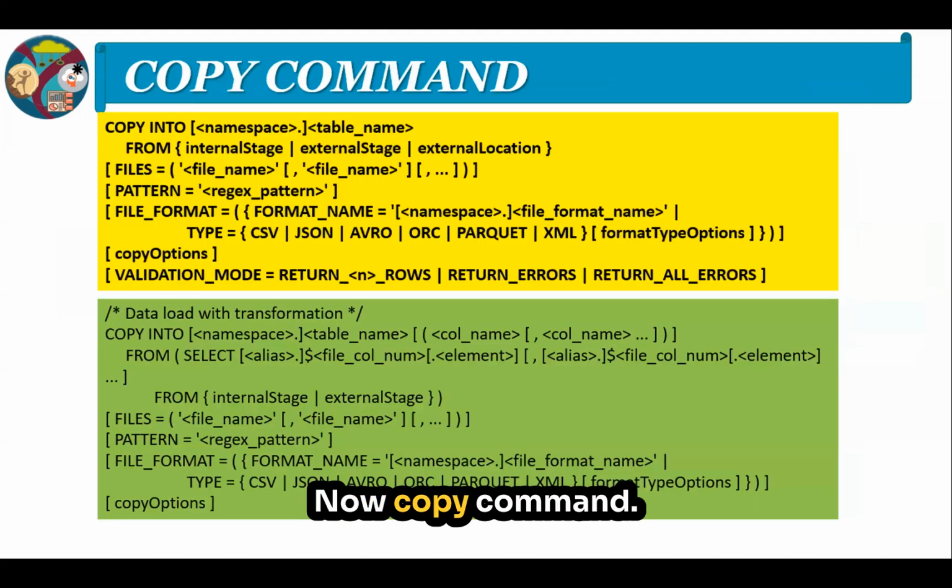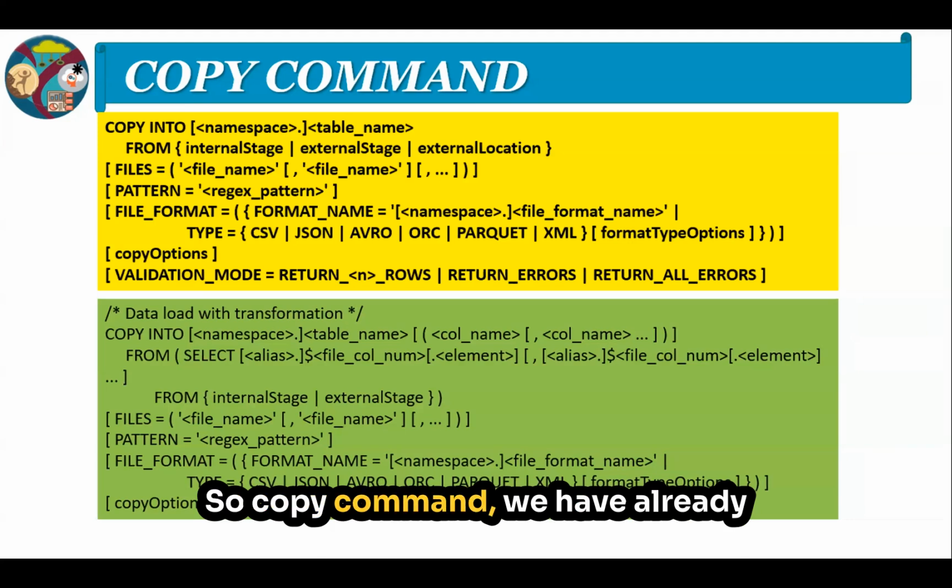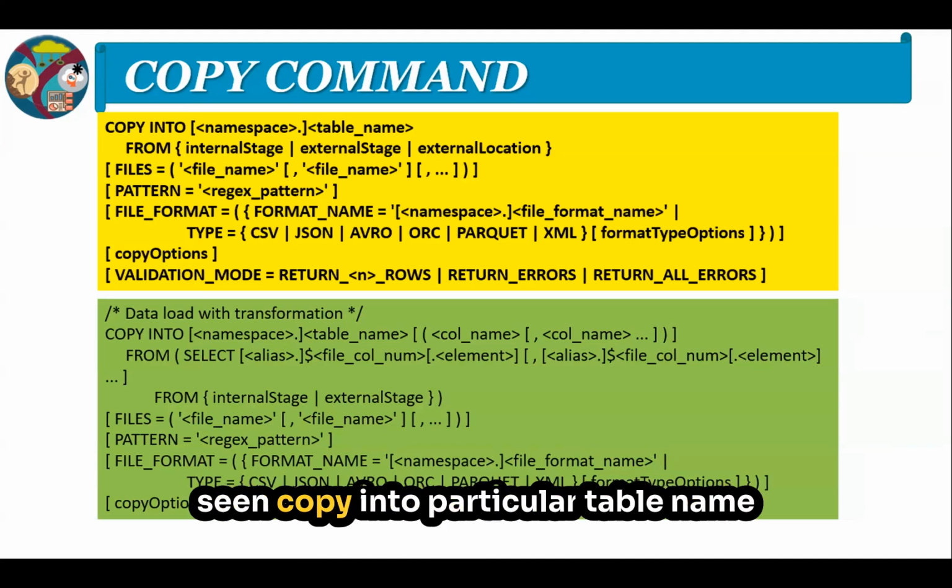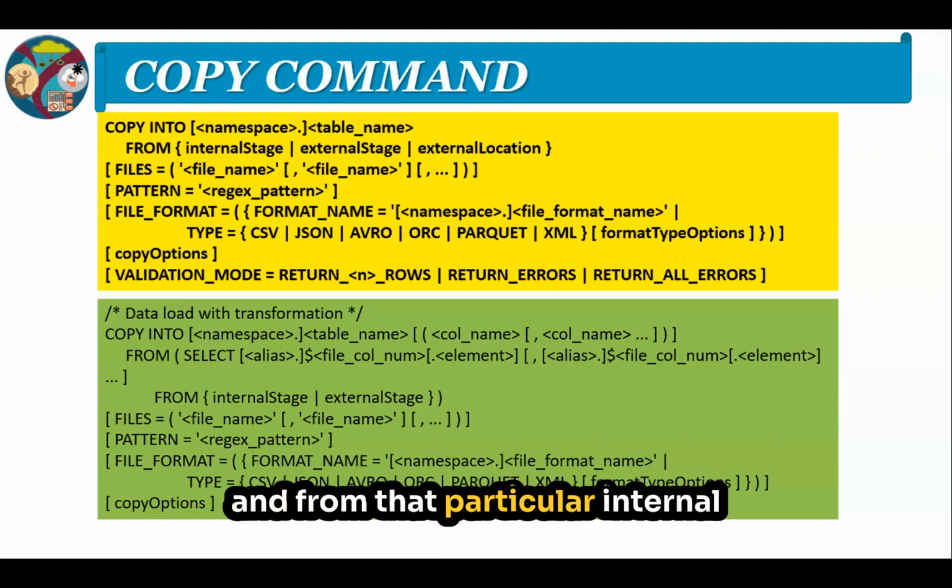Now, the copy command. We have already seen COPY INTO a particular table name, from that particular internal or external stage location, where we give the files and file format, and we have validation modes also.